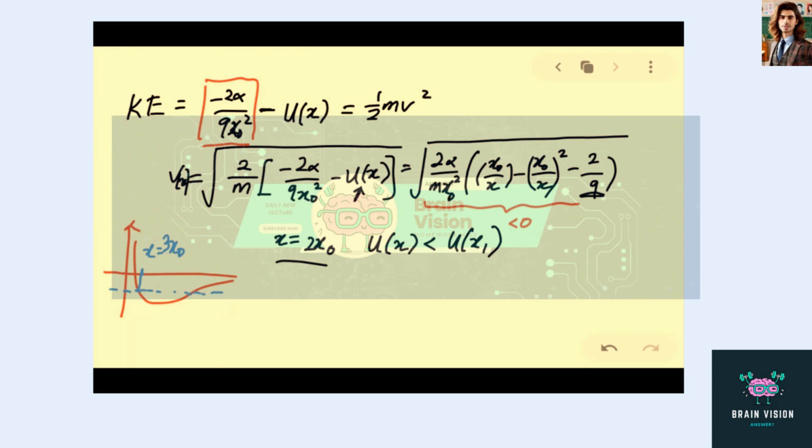It can only oscillate from this point to this point and not beyond, because that is the limit of the total energy. And this is described by the validity of the square root term inside as well.